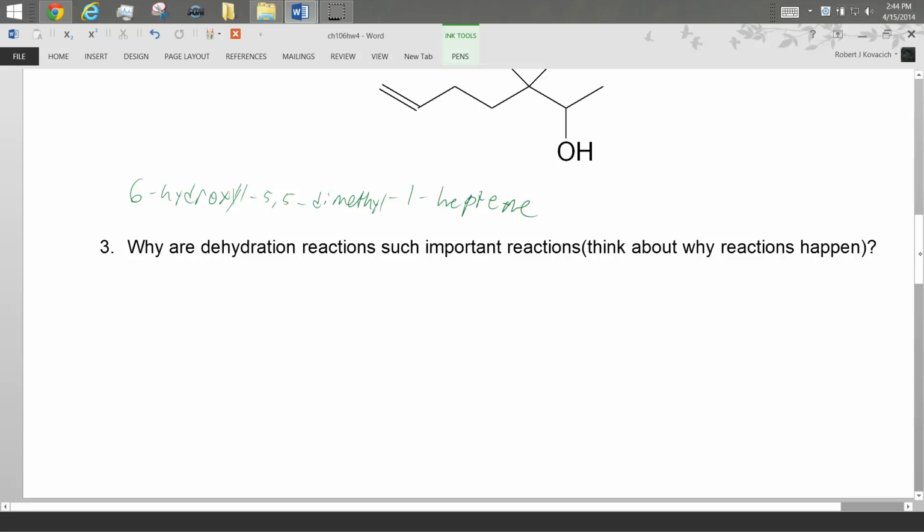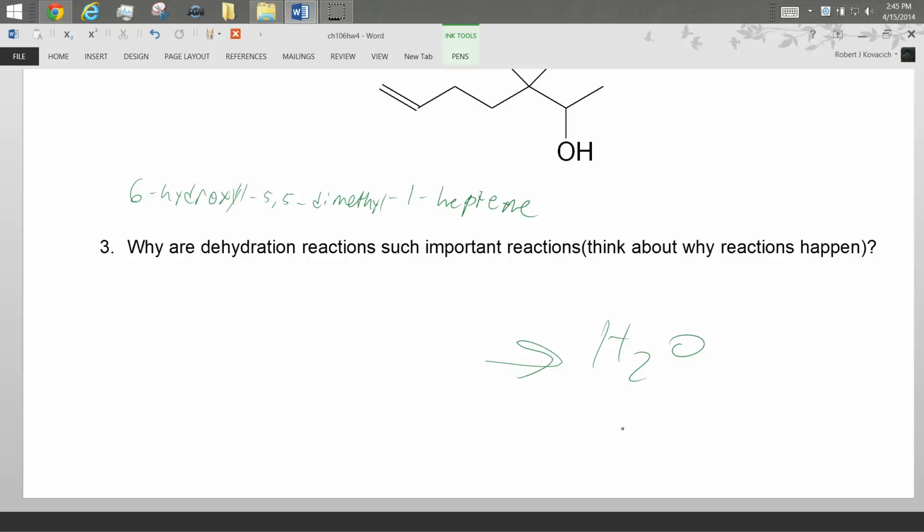Why are dehydration reactions so important? Think about why this happens. In a dehydration reaction, we're going to get a water molecule, right? Because we get a water molecule, and nature seems to really enjoy making water molecules, these reactions tend to be very favorable in free energy. What do I mean by that?